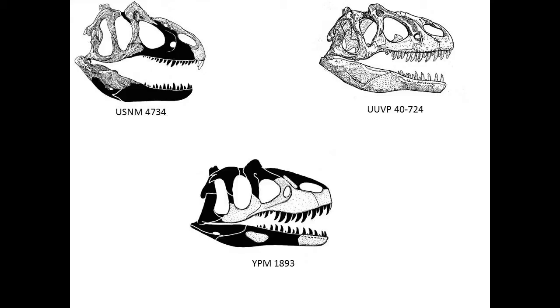This will be part 1, and I'll show you in the next part what I did and how I did it, and how I believe that what I'm saying is kind of true. I think that the specimen at the bottom you see there, YPM 1893, represents an individual of Allosaurus ferox or Allosaurus atrox.